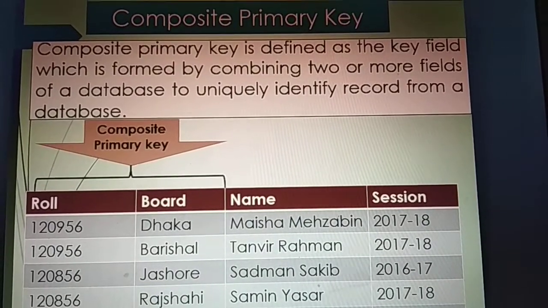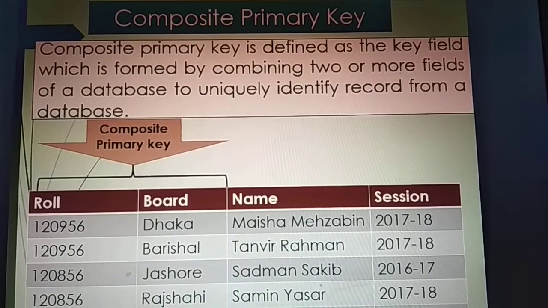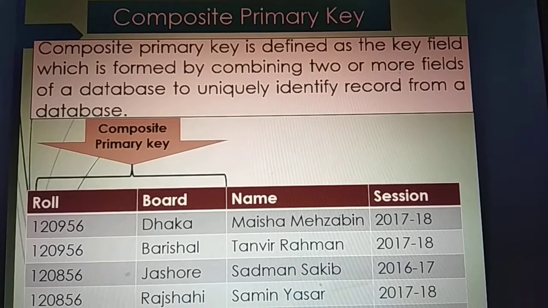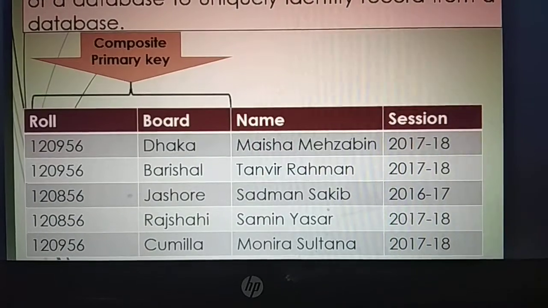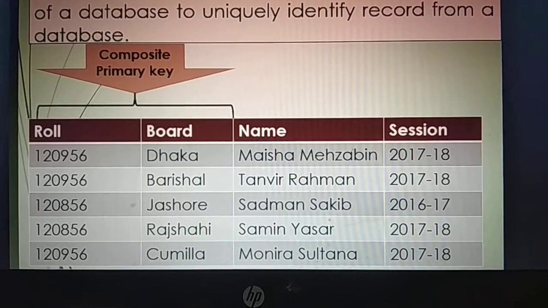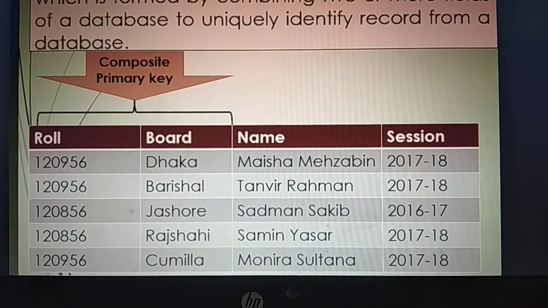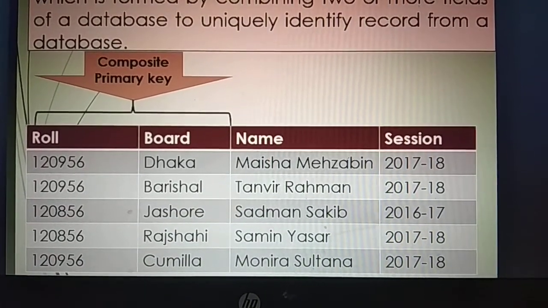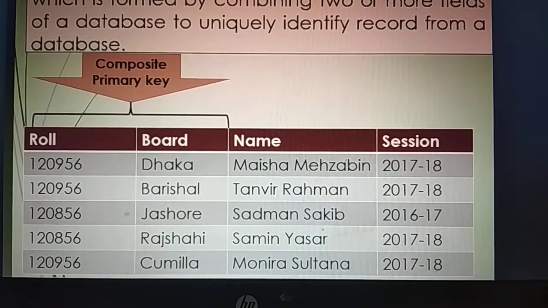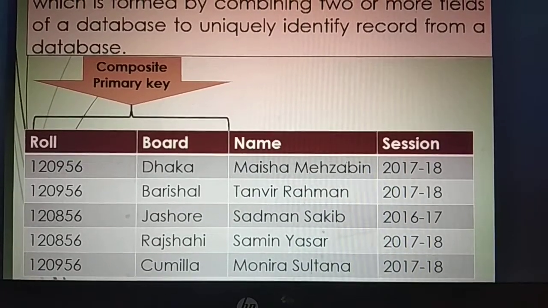This type of key is known as a composite primary key. In this example, if you observe, here roll and board have been used to make the primary key. So this is a composite primary key. Why have we combined both roll and board? Because the same roll may exist in a different board.